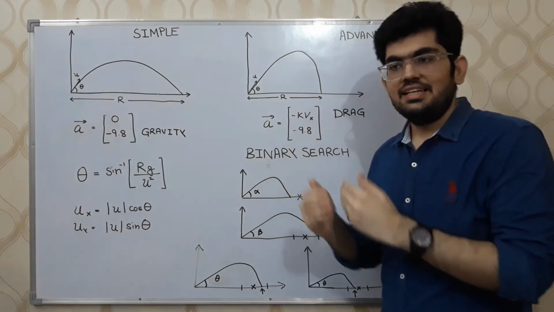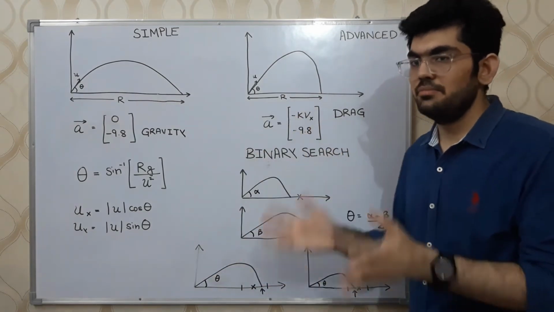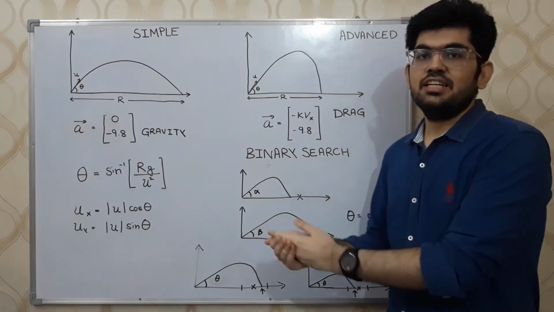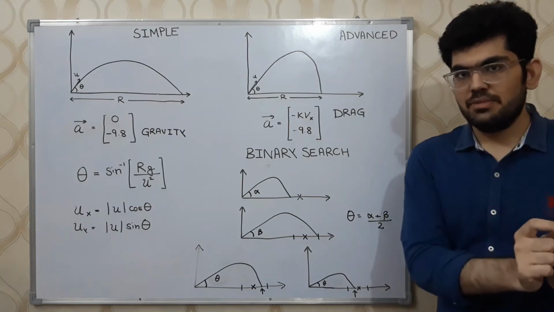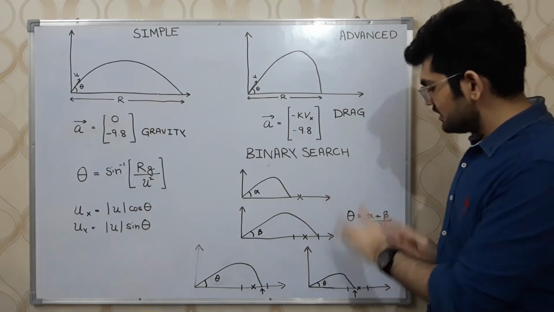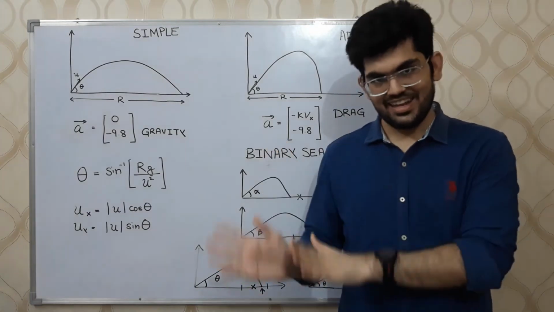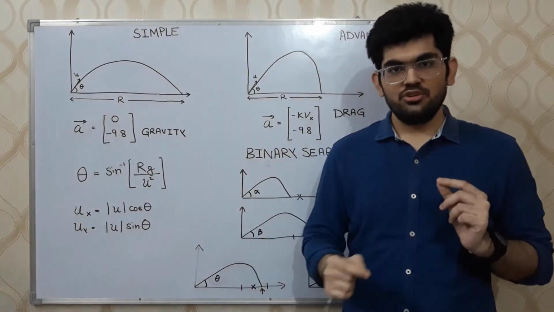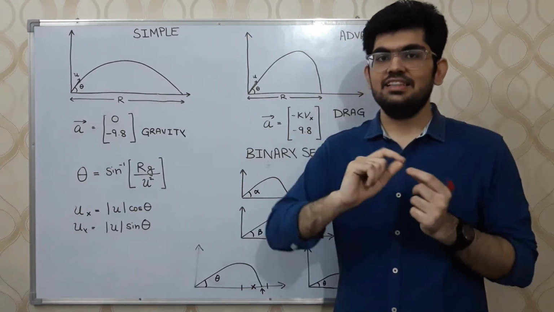So if theta lies ahead of the target, then we get a new maximum range. And likewise, if the projectile drops before the target, then we set a new minimum range for the search space. This way, in a very small number of iterations, log n so to say, we are going to converge on an optimal value of theta that is going to finally hit the other tank.